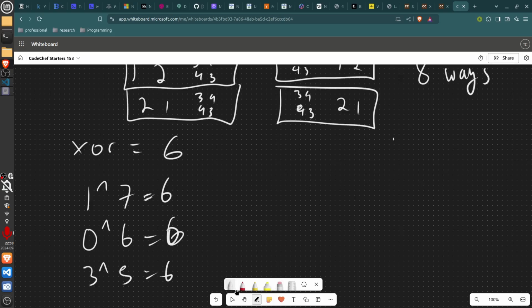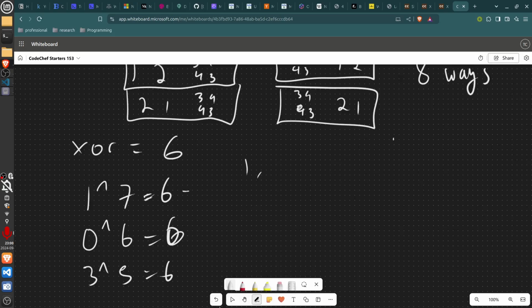And so what you can do is find all these pairs, the counts of these pairs of integers and their XOR value. And then you can pick whichever. Like I could do 1, 7, and I can match 1, 7 with either of these. So let's define these XORs as being specific ways.